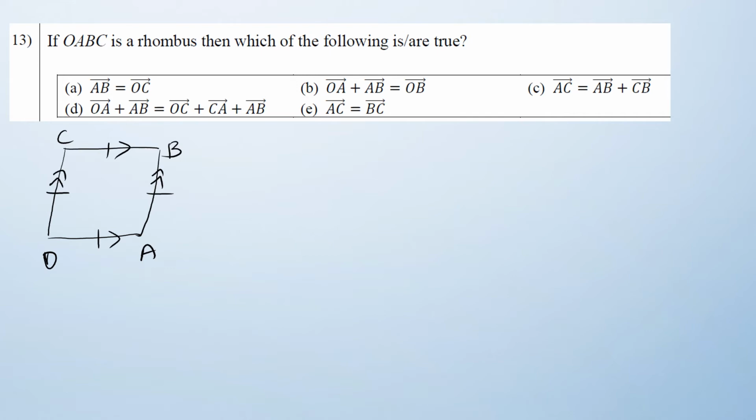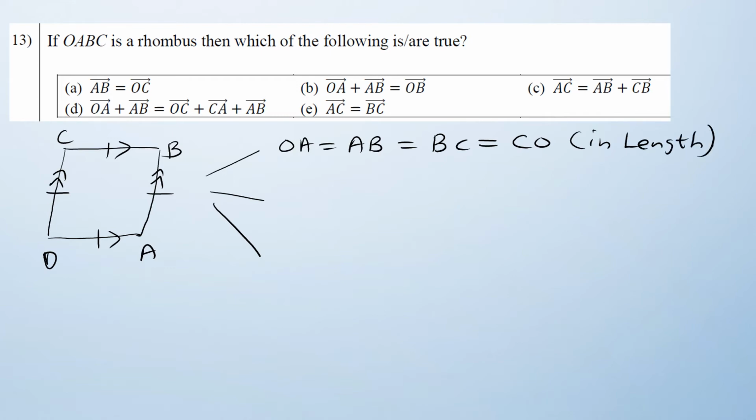So we have 3 identities. First one, OA equals AB equals BC equals CO in length.